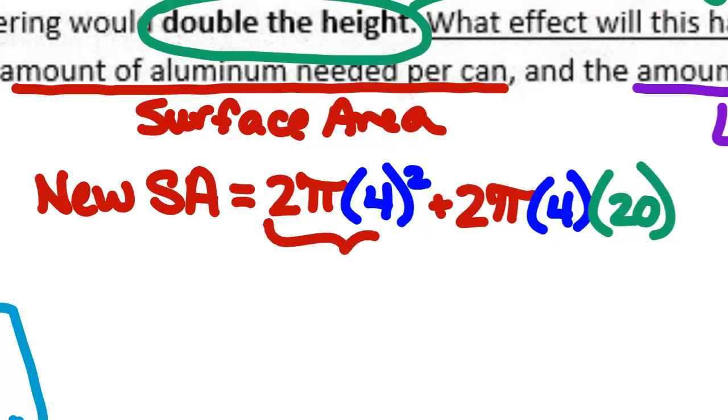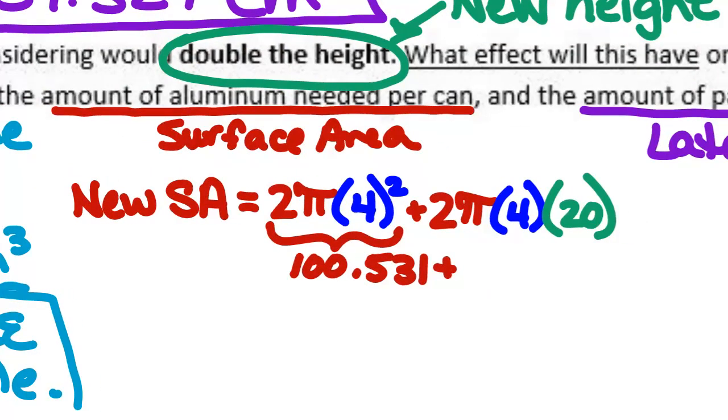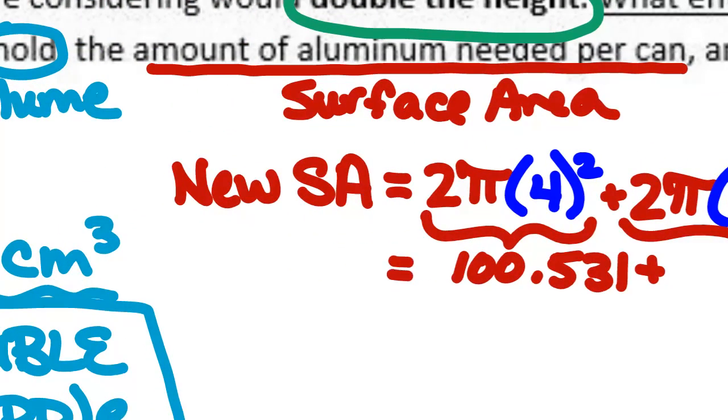Did the area of the bases change at all? No. So that would still come out to be what for the area of the two bases together? 100.531 plus, now let's do this part, 2 pi times 4 times 20.